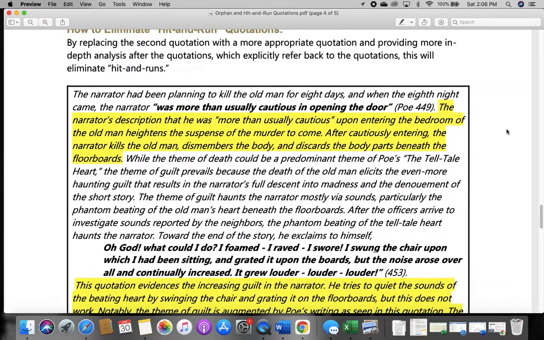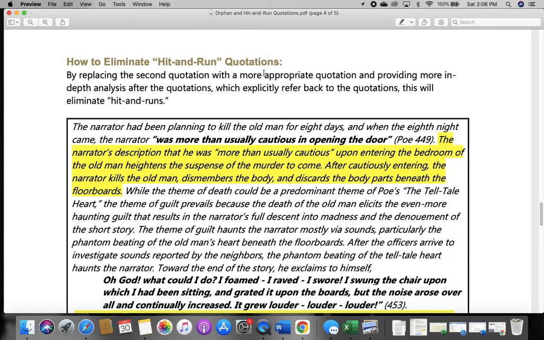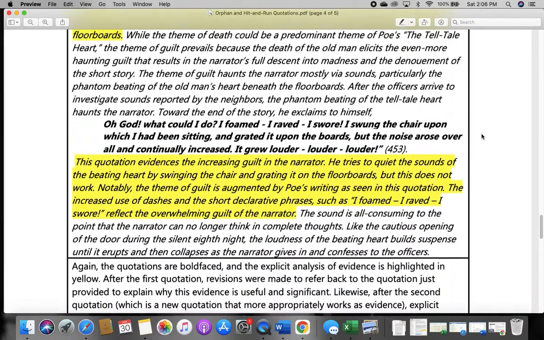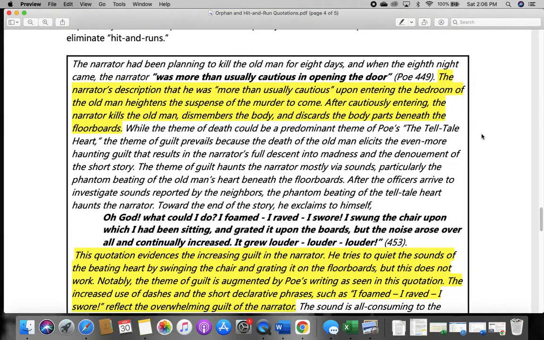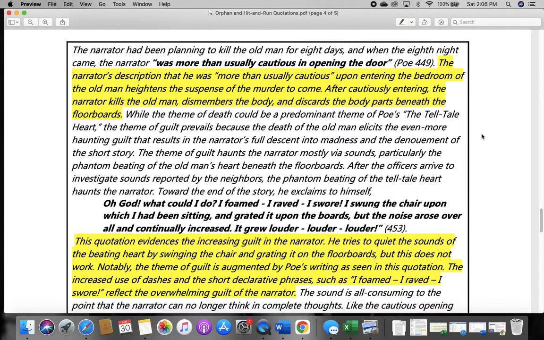So just like I did with orphans, I talk about how to eliminate hit and run quotations. You can see that the writing is much longer than what was above.